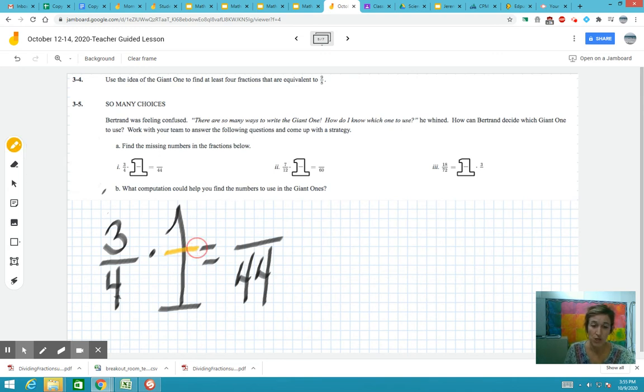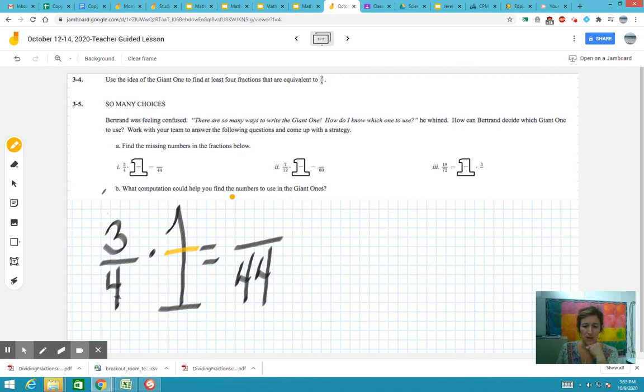We have been told that the denominator for the answer, the product, is 44. So we just need to figure out how many times we're going to be using the reverse operations, which is division. We're going to ask ourselves, how many times does 4 go into 44?